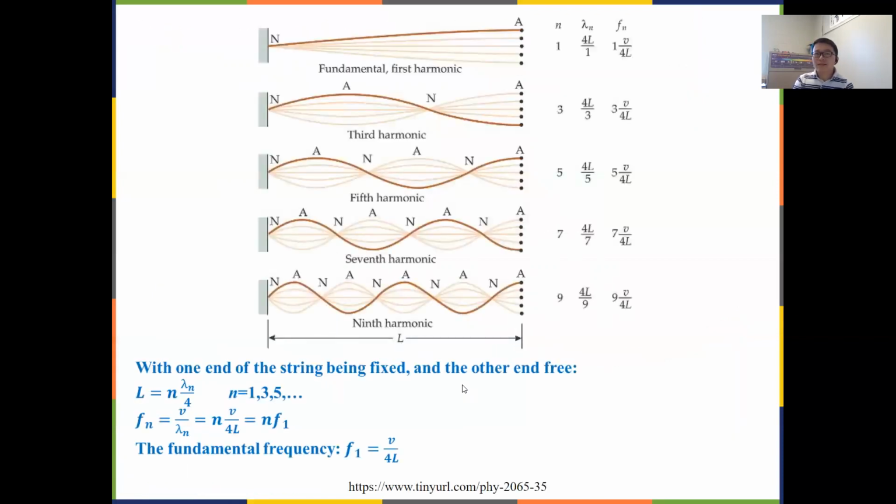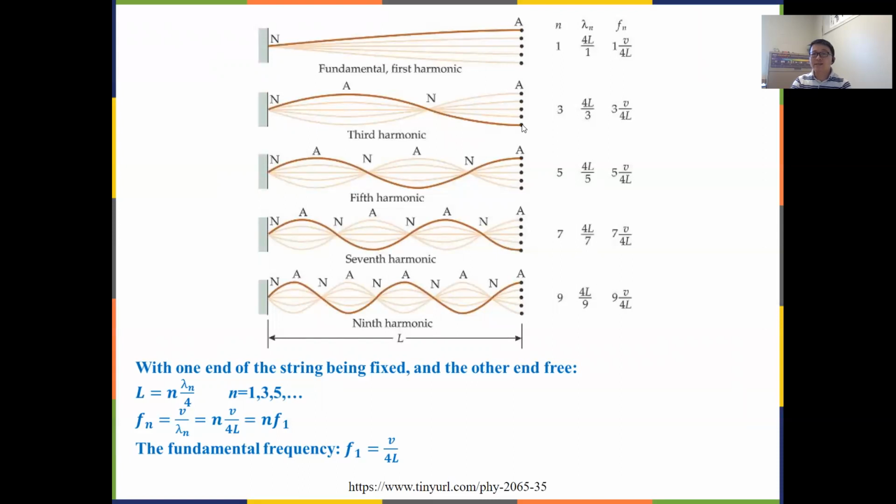So the first scenario is the fundamental harmonic, with wavelength 4L divided by 1, and the frequency will be V divided by 4L. Now the second scenario: because this end is fixed, it's a node, so this one should be an anti-node. Node and anti-node alternate, so node, anti-node, node, and anti-node.